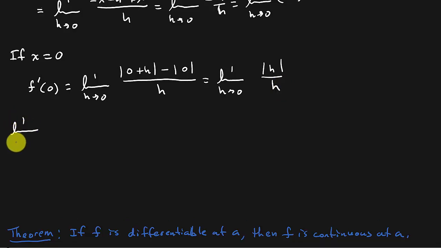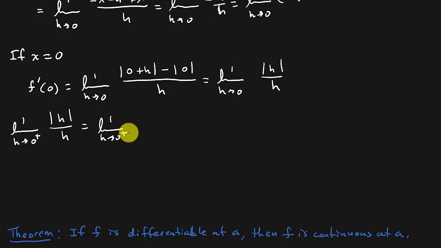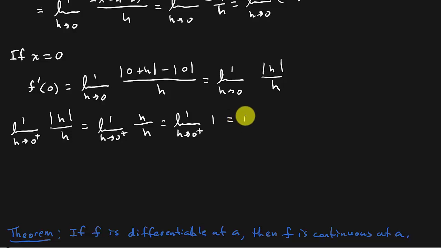So if I take the limit as h goes to 0 from the right of absolute value of h over h, that's going to be the limit as h goes to 0 from the right. And so we're coming into 0 from the right, so that means the h values are positive. So the absolute value of h is just h, and so that's h over h, and so that's the limit as h goes to 0 from the right of 1, which is 1.